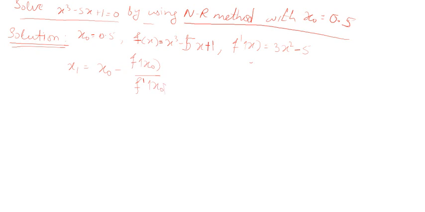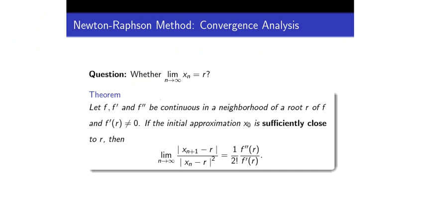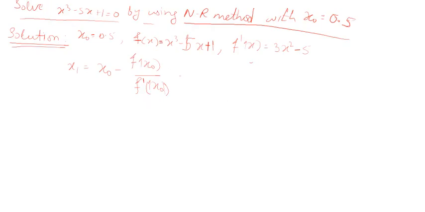So you can use the calculator. This equals 0.5 minus f of 0.5. If you find f of 0.5, that will be minus 1.375, divided by f dash of x naught, that is minus 4.25.